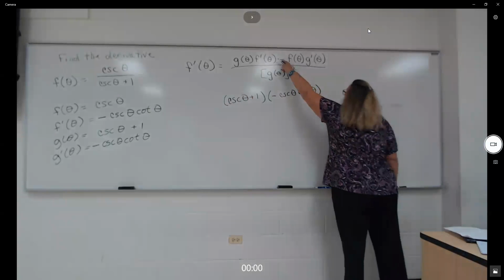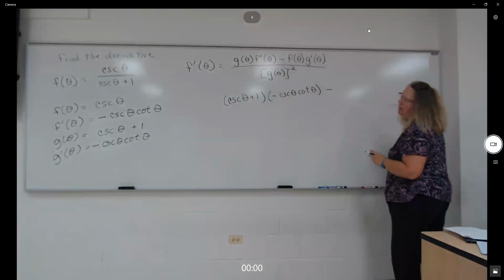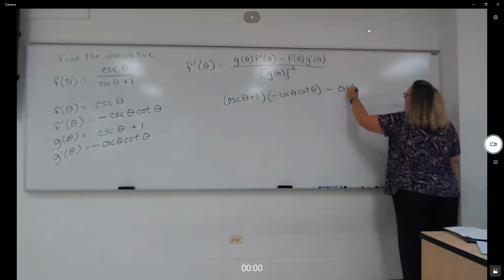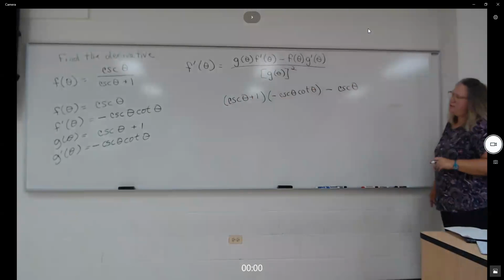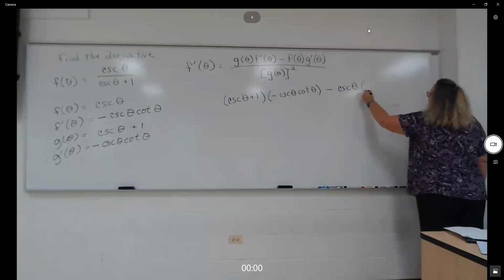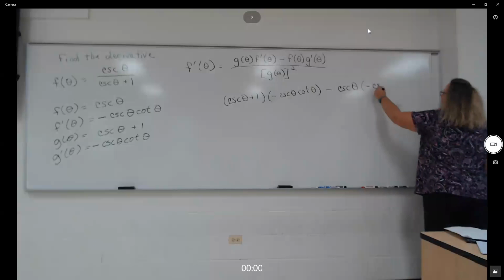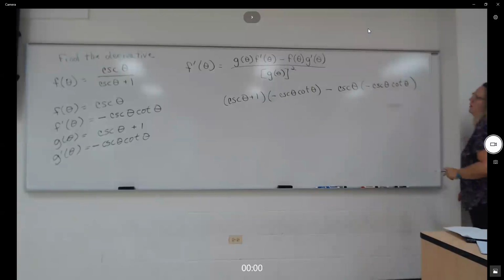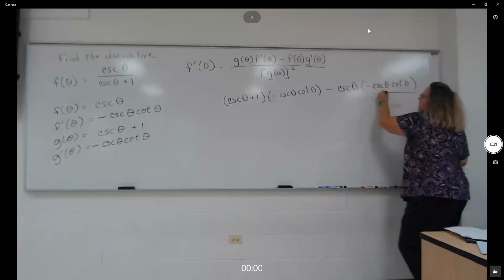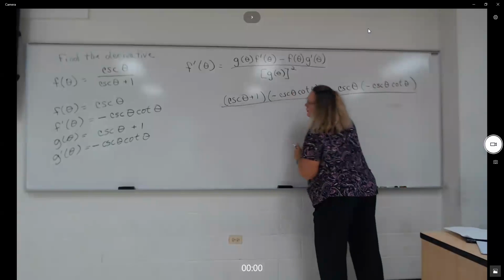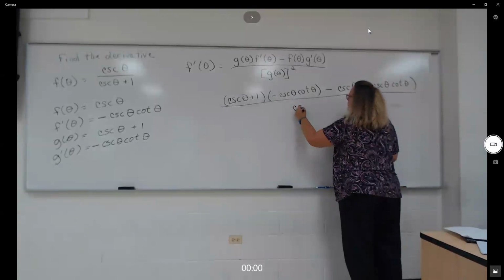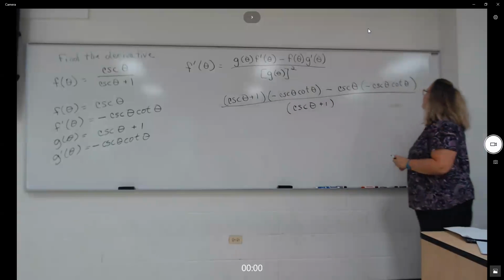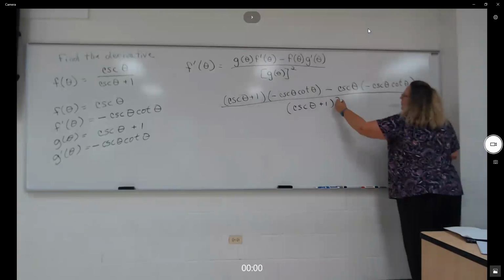Okay, then this minus, and then the f function is cosecant. And then the derivative is negative cosecant cotangent. Oh, and we can't forget, this is our longest one. The bottom is cosecant squared. Yes, good.